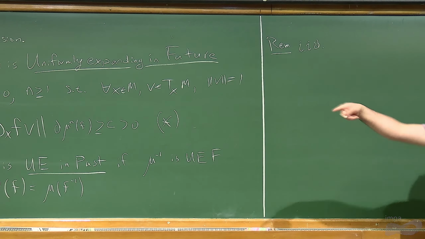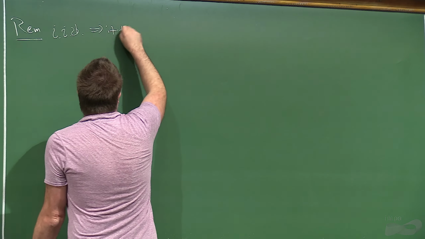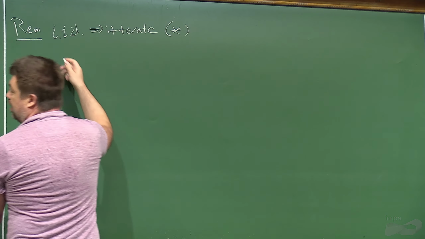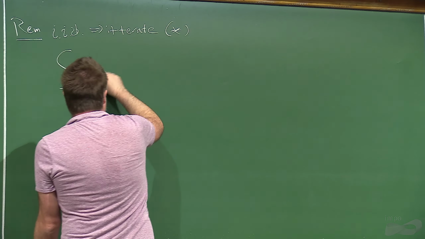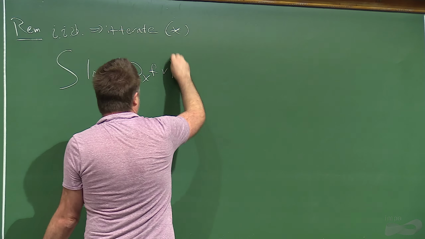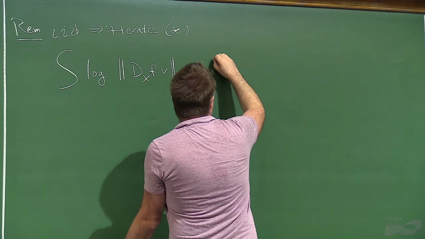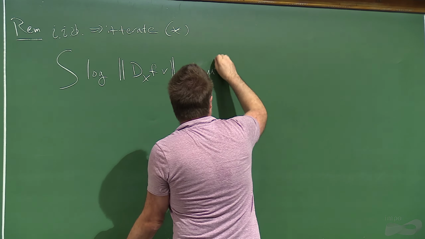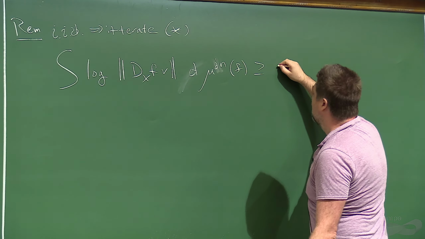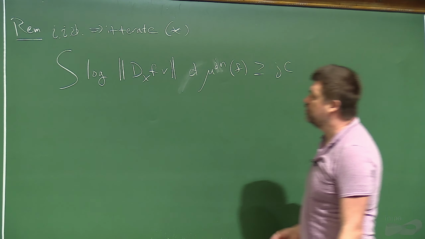But you can iterate this inequality star and show that if you take the average log of the derivative of f at v, and instead of taking the nth convolution, you take the j-th nth convolution of f, that this is at least j times c. That's not so hard to show.